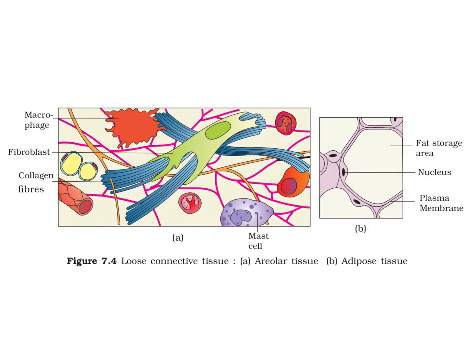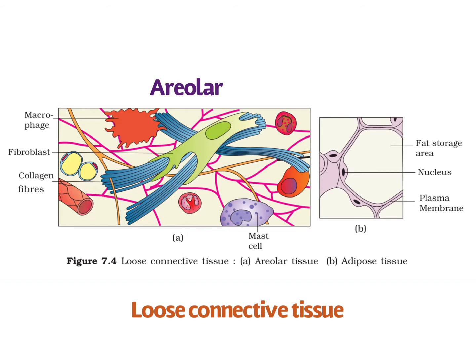Now let us understand with the help of a diagram these loose connective tissues, areolar and adipose tissue. In the diagram of areolar tissue, this is the fibroblast, this is the macrophage, and these are the mast cells. All three different types of cells are found, and two different types of fibers are found, collagen fiber and elastin fiber.